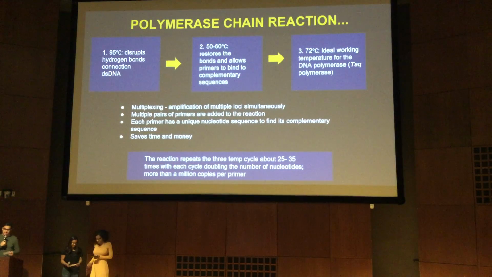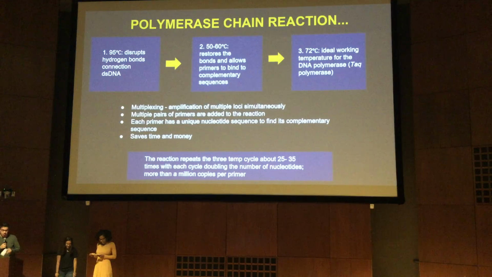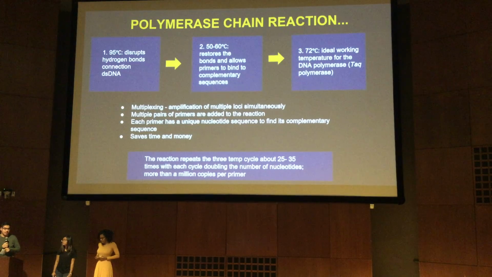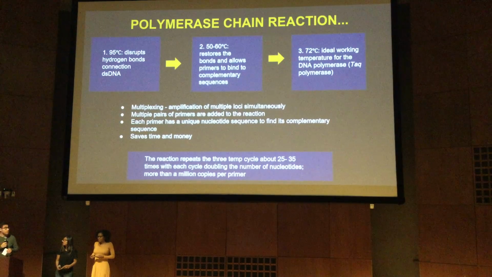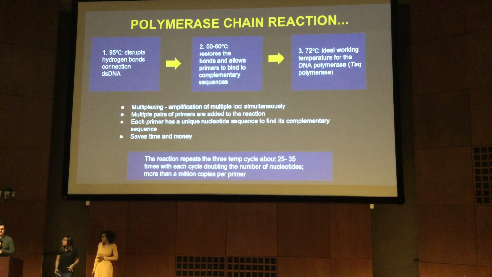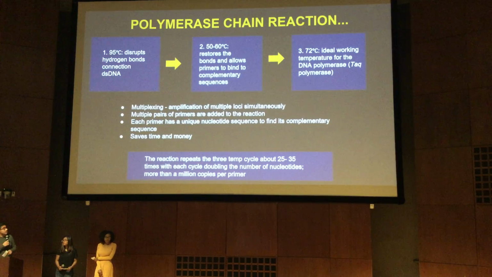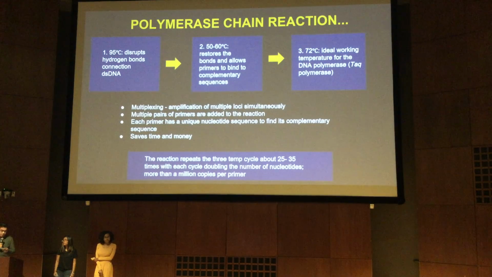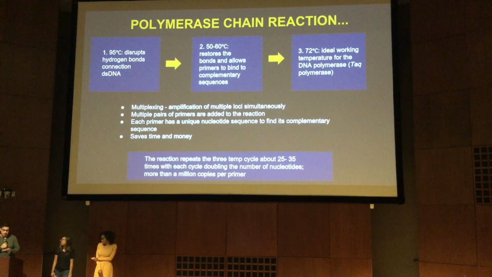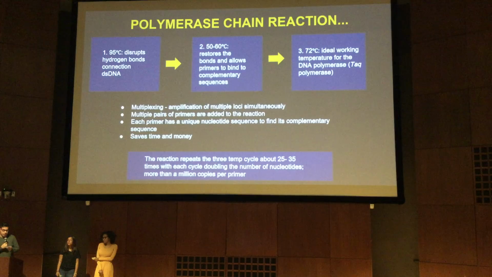So a little bit about PCR. It's used to make multiple copies of a specific DNA fragment, and there are 3 steps: denaturing, annealing, and extending. In denaturing, at 95 degrees Celsius, the high temperature causes hydrogen bond connections in the 2 strands to break.